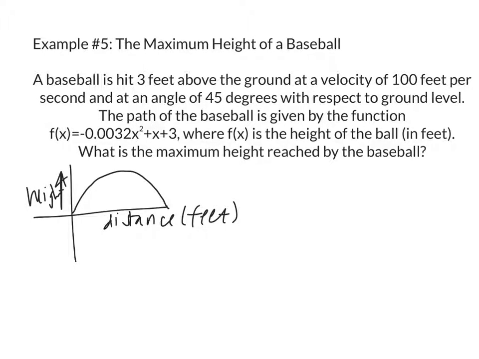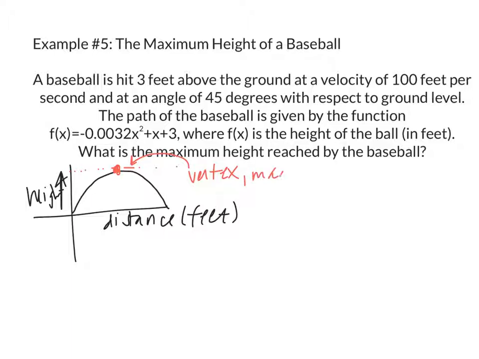If this represents height and they want to know what's the max height reached, they want to technically know this level here. Specifically, what is that point there? And we know that this is our vertex. And specifically, if we're typing this into our calculator, that would be our maximum.